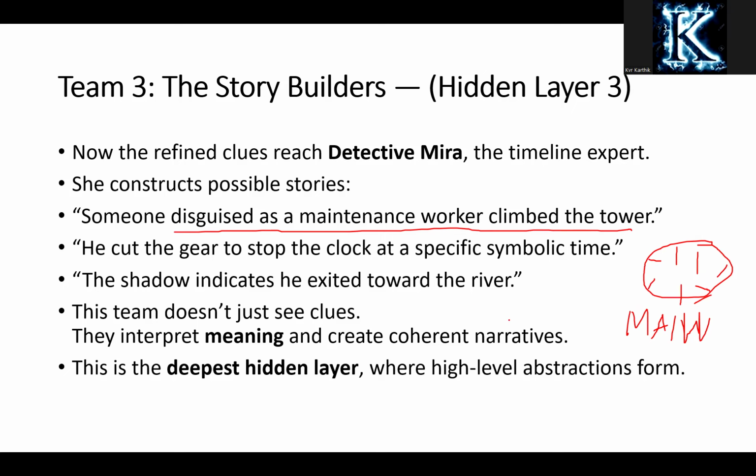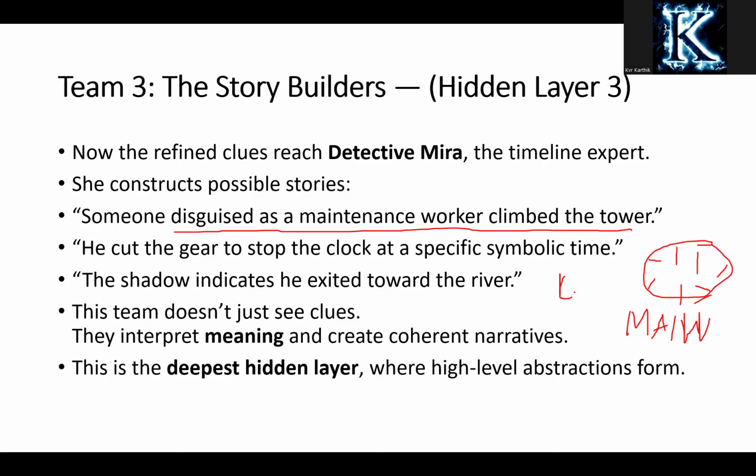Probably there is a chance, based on the investigation from the first and second layers that we have taken up, that he might have cut the gear to stop the clock and the symbolic time, so that people will stop working in that particular area. And there is one more case here.